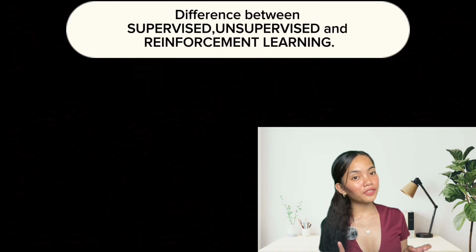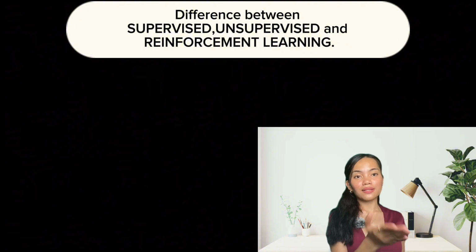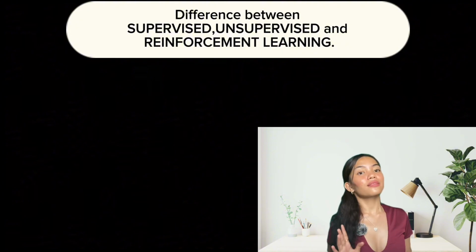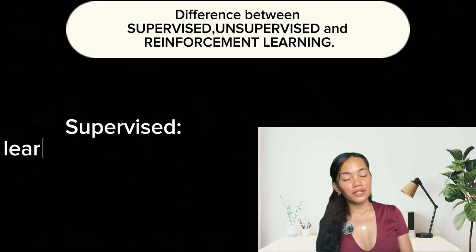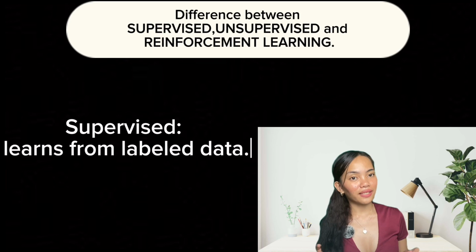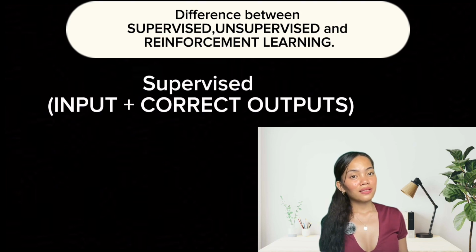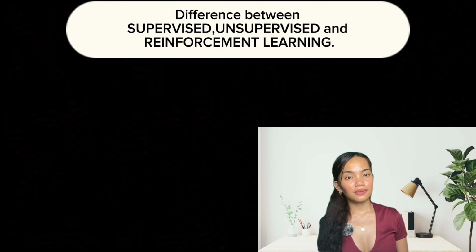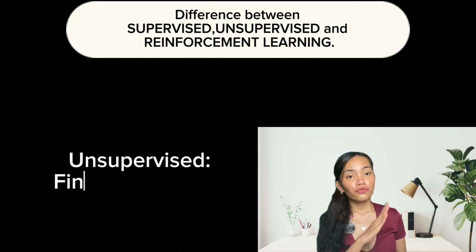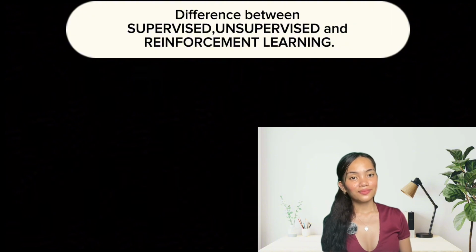What is the difference between supervised, unsupervised, and reinforcement learning? Supervised learns from labeled data. Also, supervised uses inputs plus correct outputs, while unsupervised finds structure in unlabeled data.